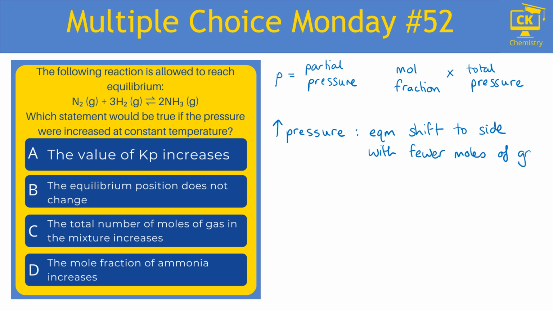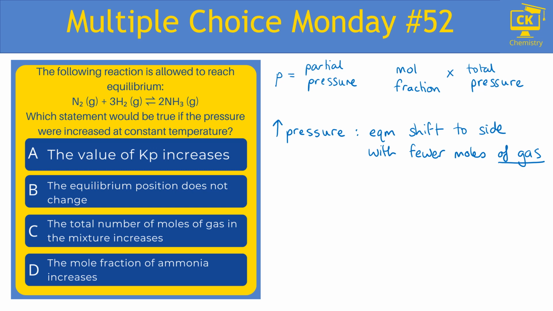And it is important to say of gas here because there could be equilibrium, for example, that involves solids and gases, and it's only the gases that contribute to pressure. So that's a sort of descriptive thing related to Le Chatelier's principle. If we have fewer moles of gas, the overall pressure will come down.